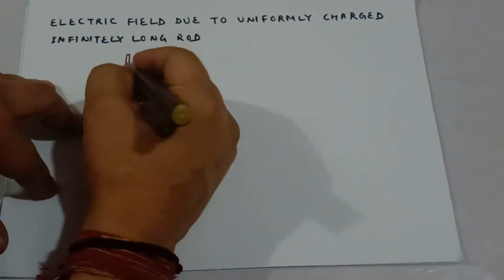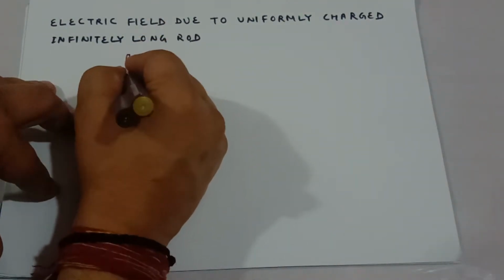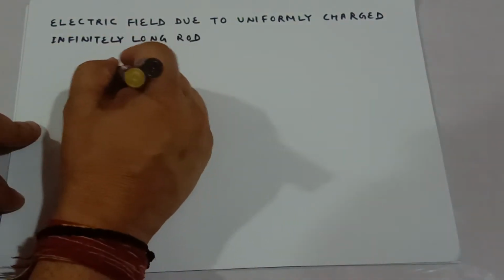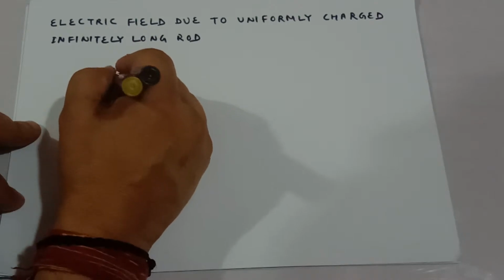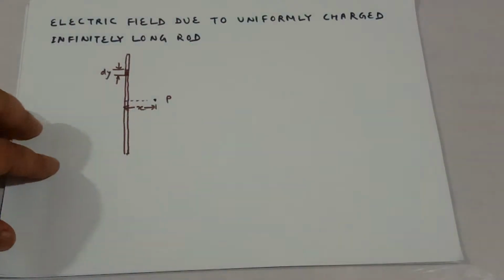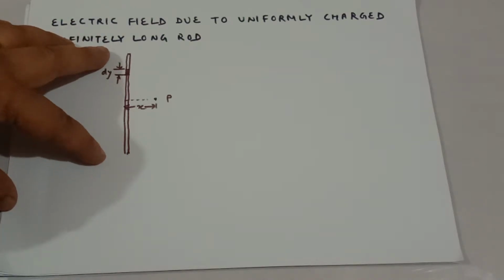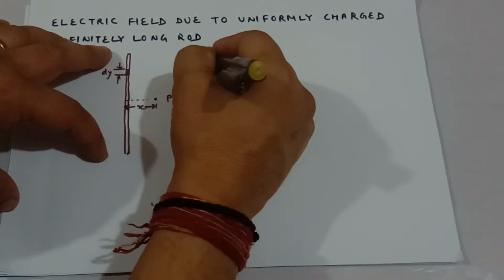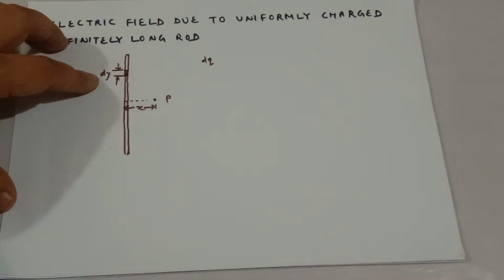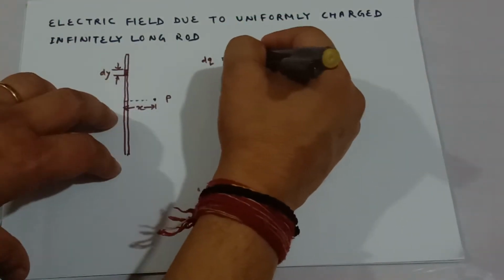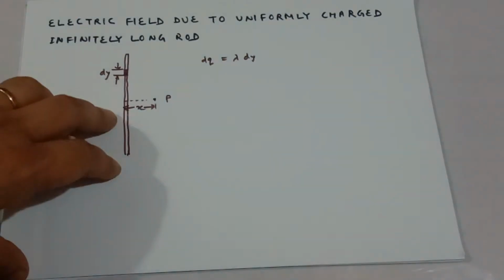So again we will consider a portion of this rod of length, suppose, delta y. Because this is a uniformly charged rod, the charge on this rod of length dy would be lambda into the length of the rod, which is dy.